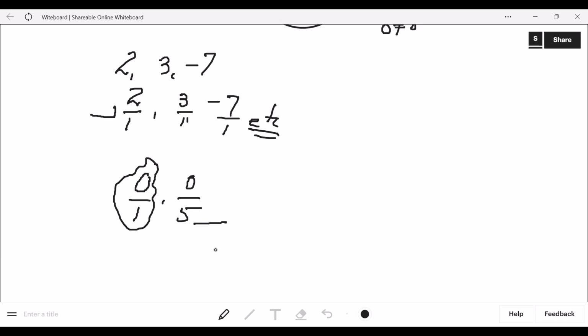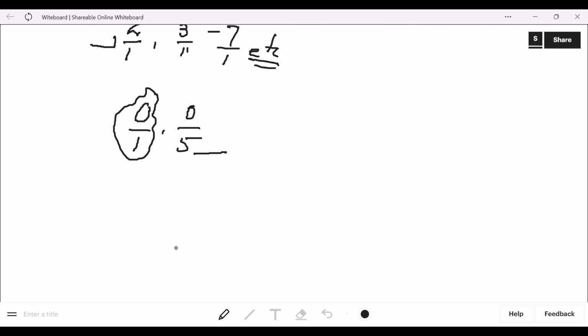So we must keep in mind that every natural number, every whole number, every integer, and every fraction is a rational number. You see, all natural numbers are contained in the set of whole numbers, and all whole numbers are contained in the set of integers.